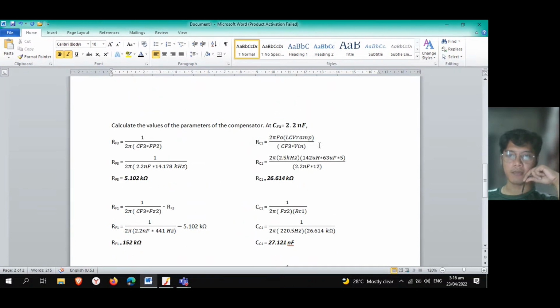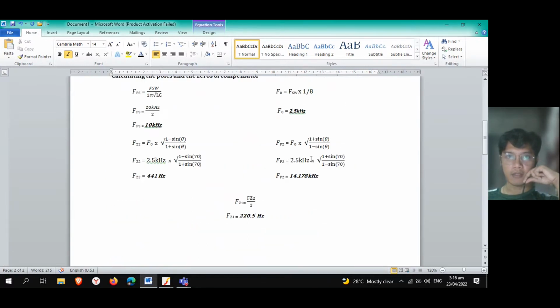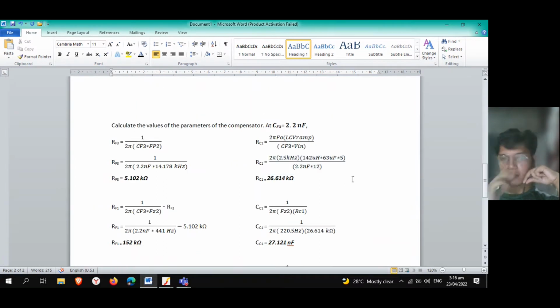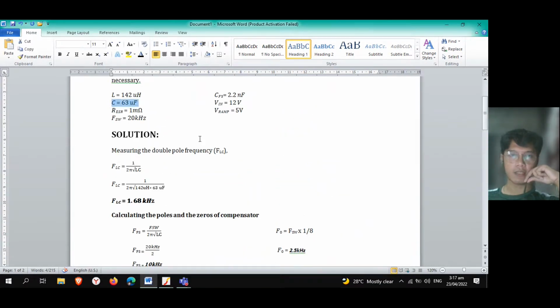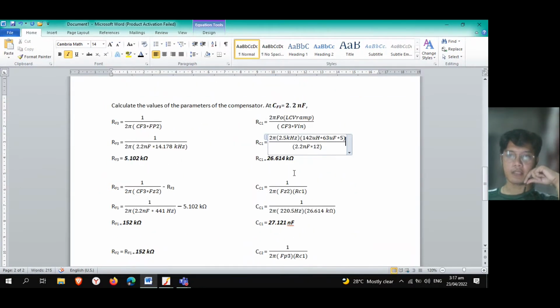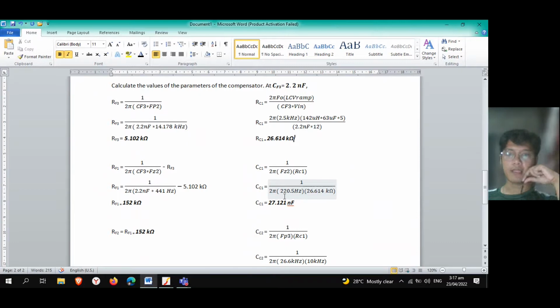F sub 0 is 2.5K, the inductor is 142, the capacitor is 63 microfarad, VRAMP is 5 volts, CF3 is 2.2 nanofarad, and Vin is 12 volts. This gives 26.614 kilo ohm.